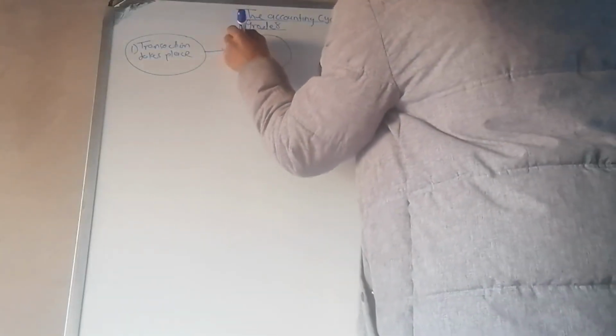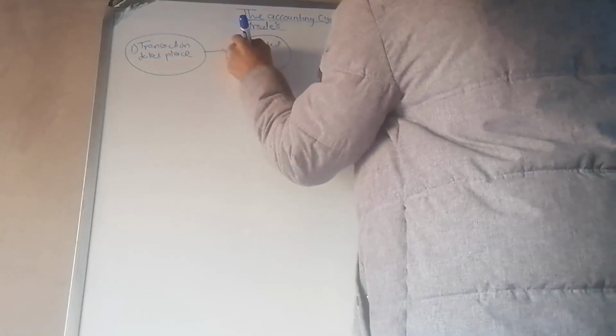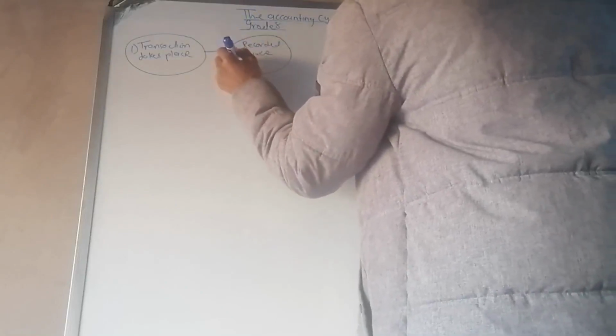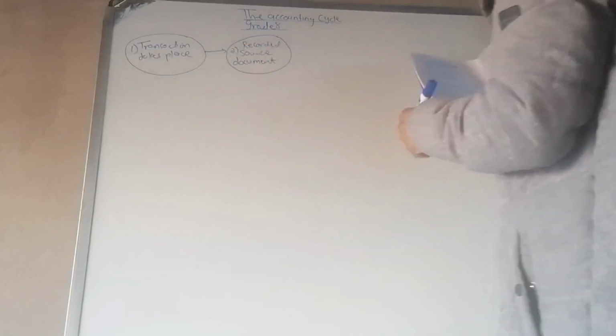The information is recorded on a source document. And then once that information is recorded on a source document, we take that information and record it on a subsidiary journal.